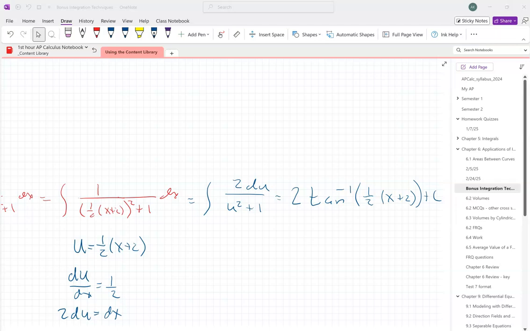If the degree of the numerator is 0 and the denominator is something you can do completing the square with, we're going to use this tan inverse trick. Anything else, particularly if the denominator is factorable, is going to be a partial fraction decomposition problem. What do you guys think?